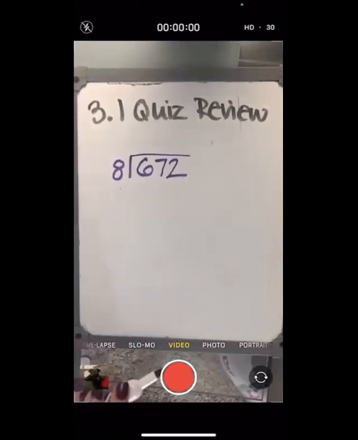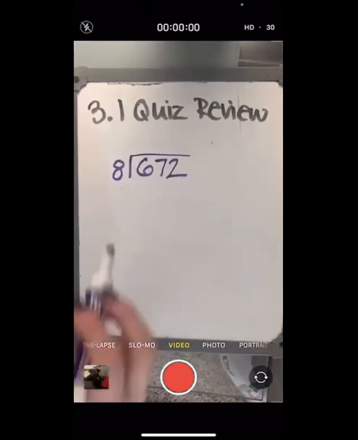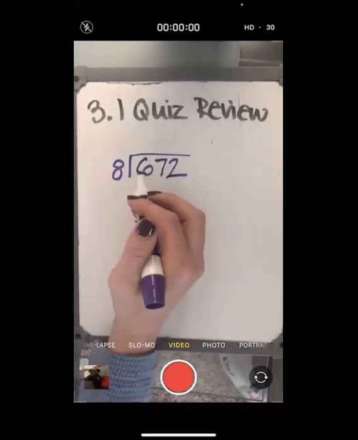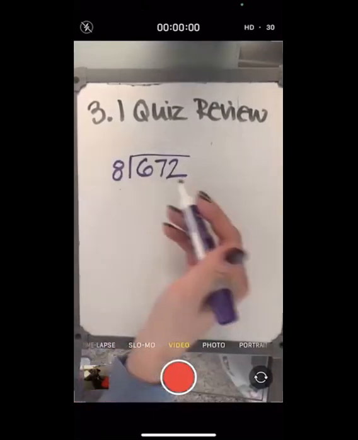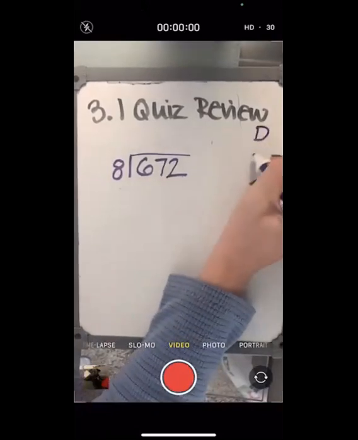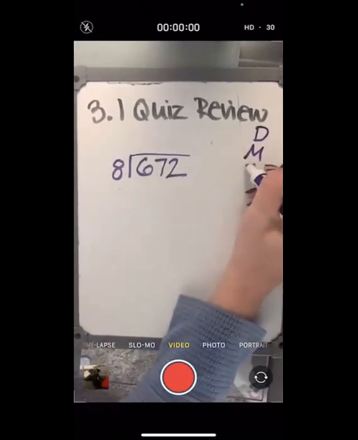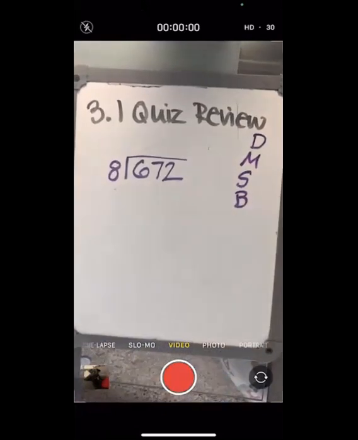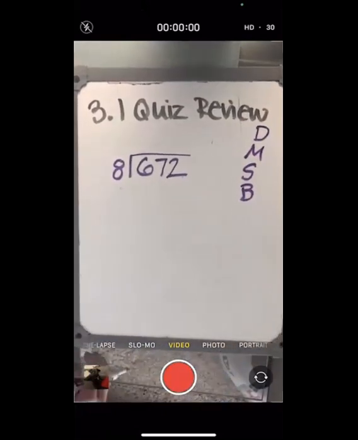So PJ, will you help me out with this one? Okay, PJ, we got to start with dividing, right? Daddy, mommy, sister, brother. I would definitely put that somewhere when you guys are doing your quiz, so you remember.